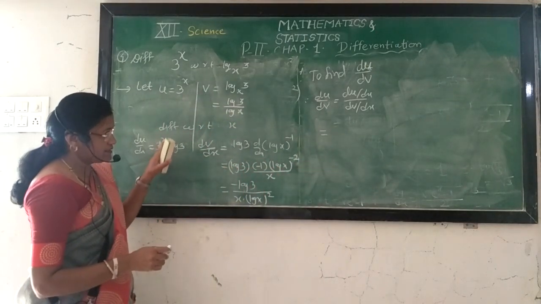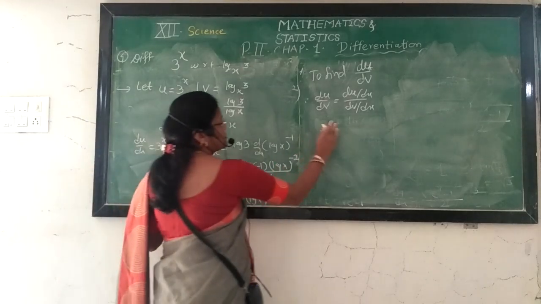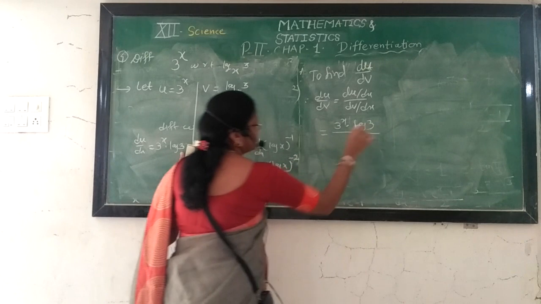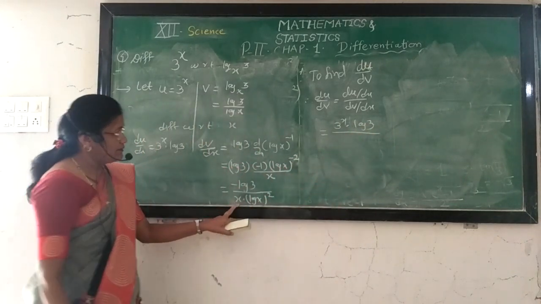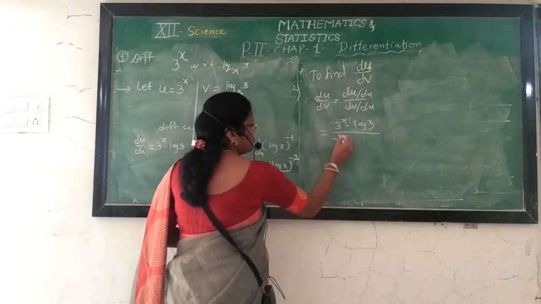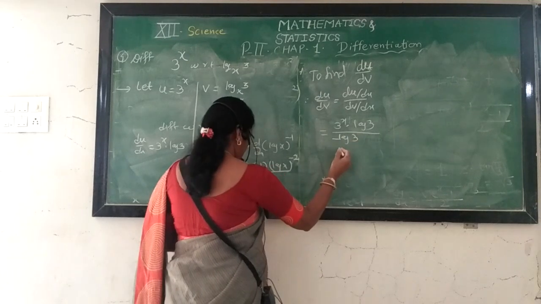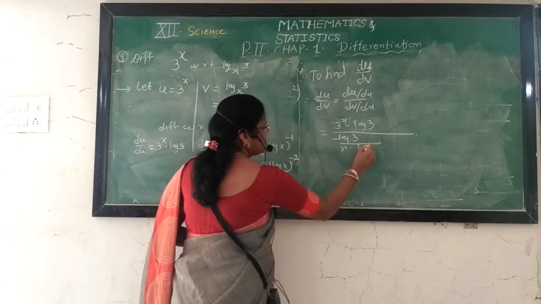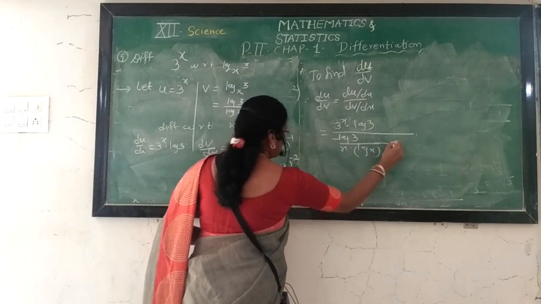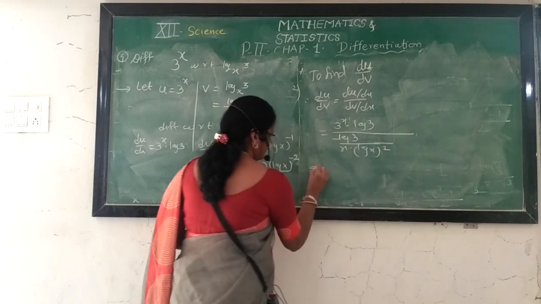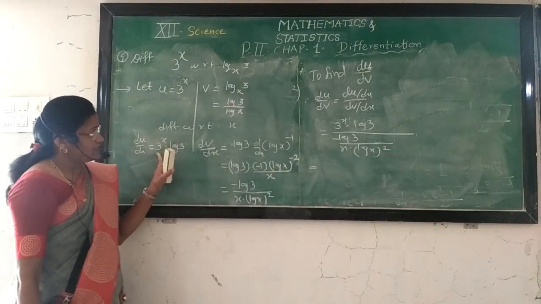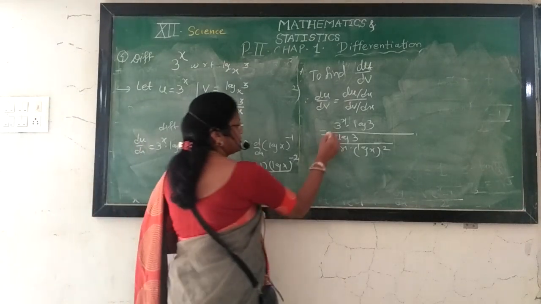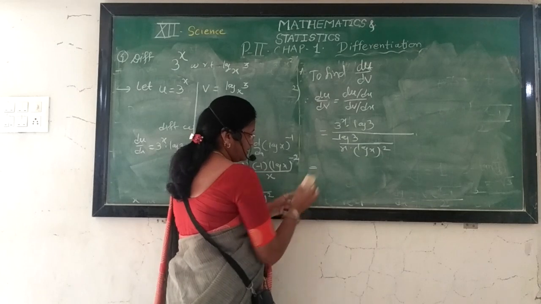So du by dx is 3 raised to x into log 3, and dv by dx is minus log 3 upon x into log x bracket square. So 3 raised to x into log 3 whole divided by minus log 3 upon x into this. You simplify this.